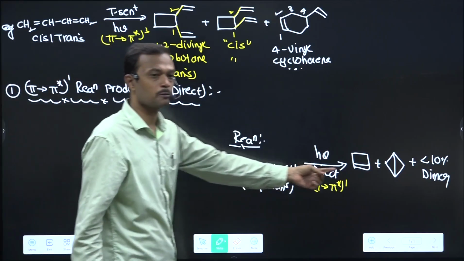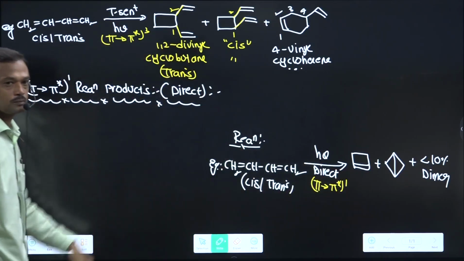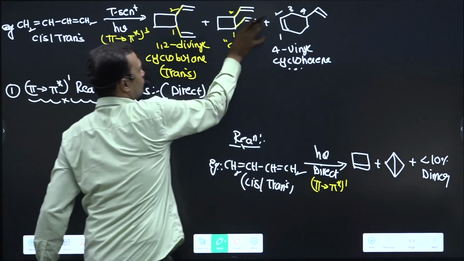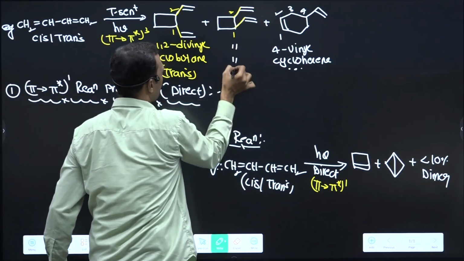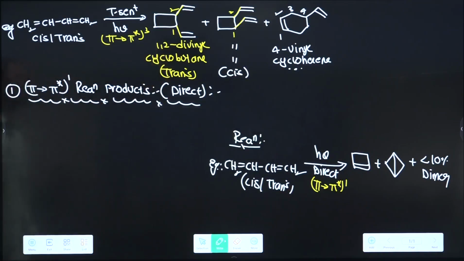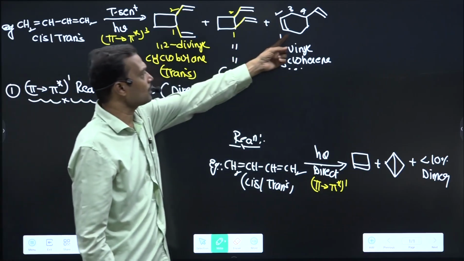First, how you will get singlet products, then how you will get triplet products. So 1,2 divinyl cyclobutane, and this isomer is the cis isomer. 4-vinyl cyclohexene is always minor.